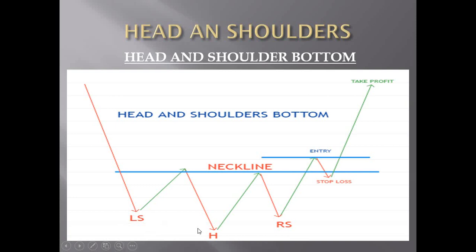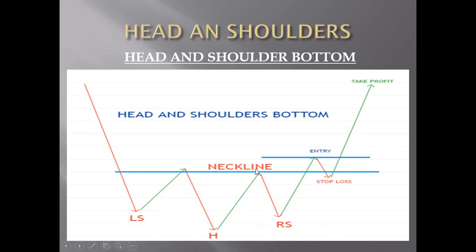The same thing applies: your head goes beyond your shoulders. In this case, the market went down and below the support level of the left shoulder. After the market has completed the head, it will go back to the neckline and test it.